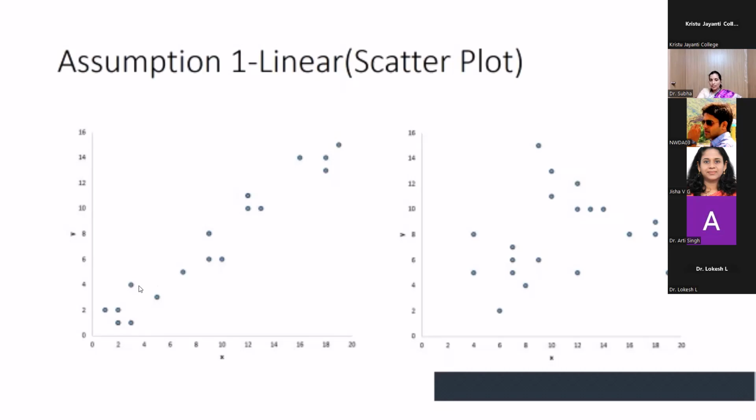The data points drawn through the x variable and y variable should lie along the straight line. Then the two variables can be called linear to each other. If you plot it on a graph, the data points should be arranged along the straight line. I will be discussing that straight line in the coming slides.